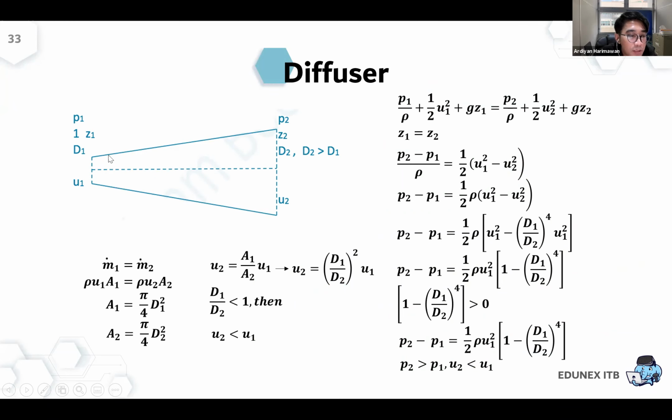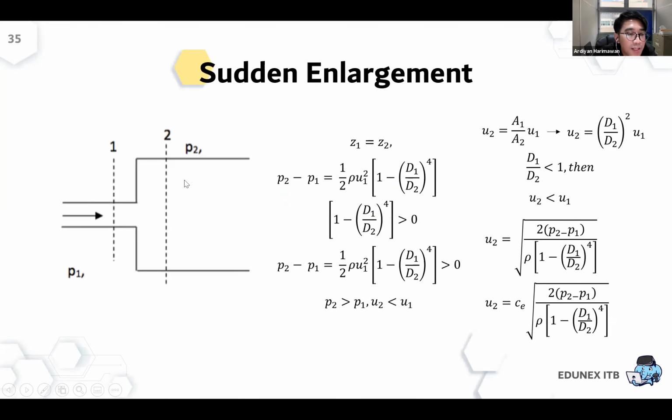The inlet diameter is smaller than the outlet. However, in sudden enlargement, you will have a sudden change of the diameter. So if you take the baseline at the center, Z1 equals Z2, then basically you will have exactly the same phenomena as a diffuser.